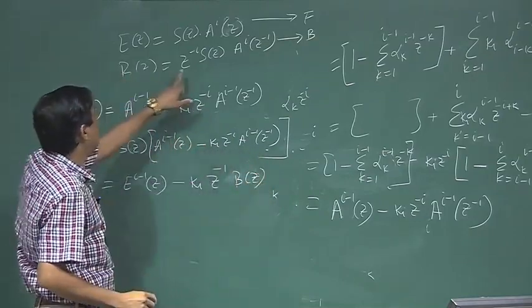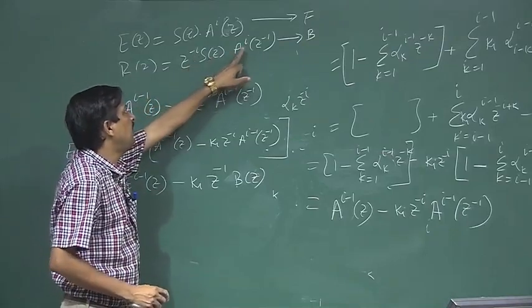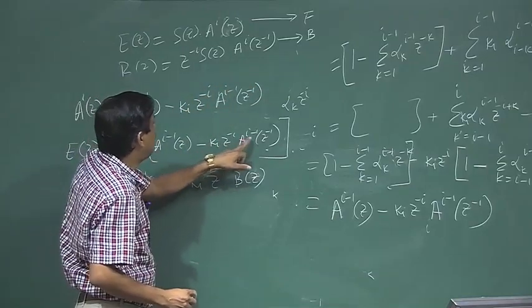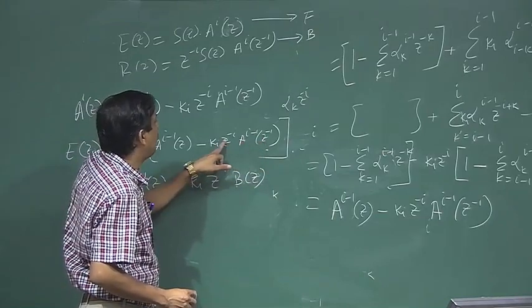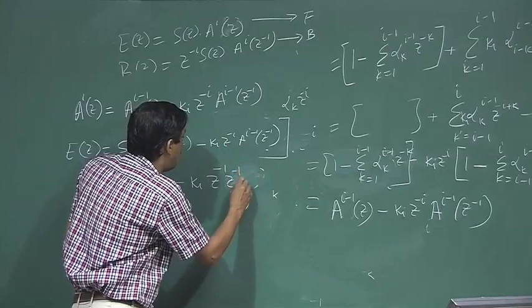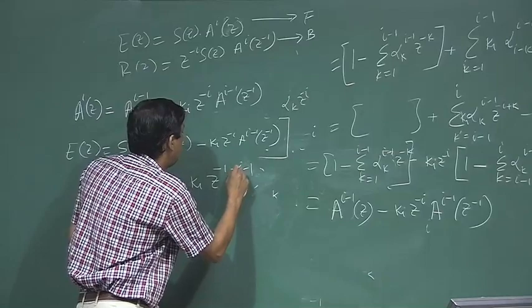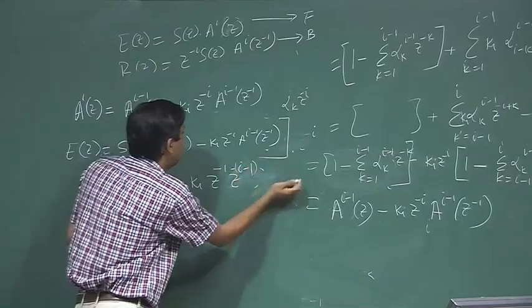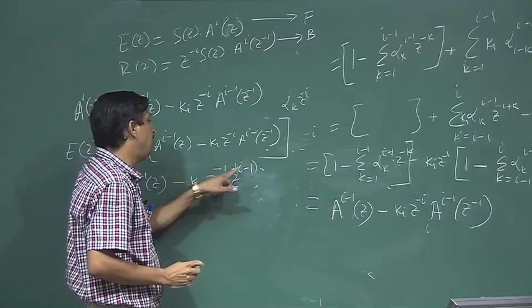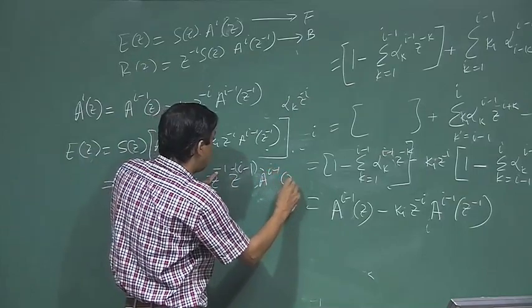What is B z? z to the power minus i, S z into A i z to the power minus 1. So if I want to write in terms of B z, I have to write z to the power minus 1 into z to the power minus (i minus 1), S z, A i minus 1 z to the power minus 1.